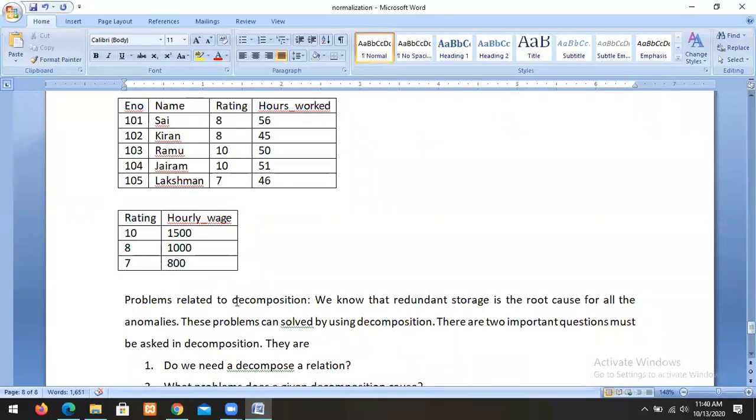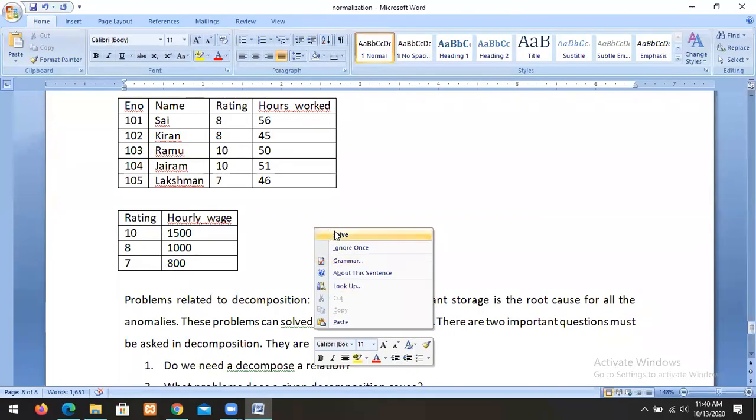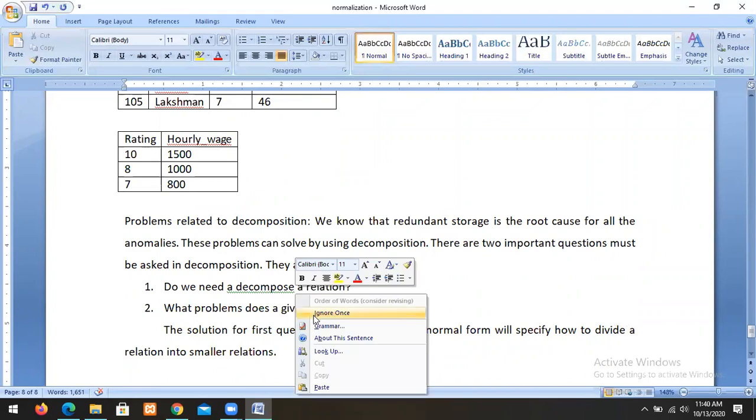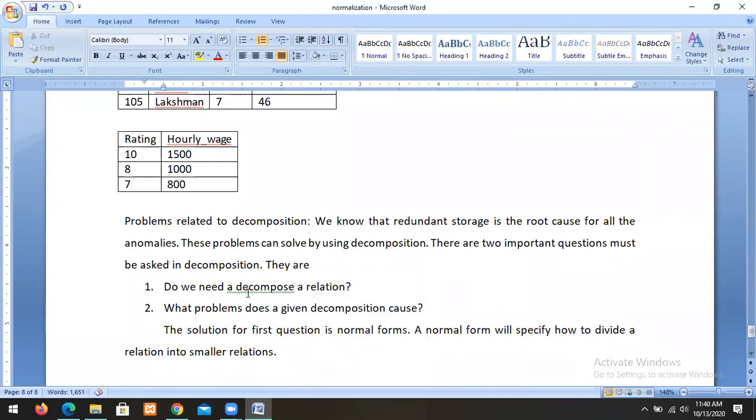Are there any problems of decomposition? Yes, there are some problems of decomposition. Before decomposing, it is necessary to answer two questions: when do we need a decomposition of a relation, and what problems arise when we decompose a relation?